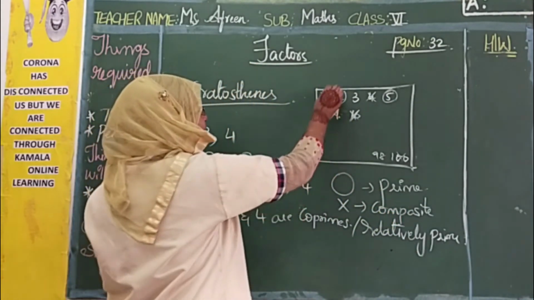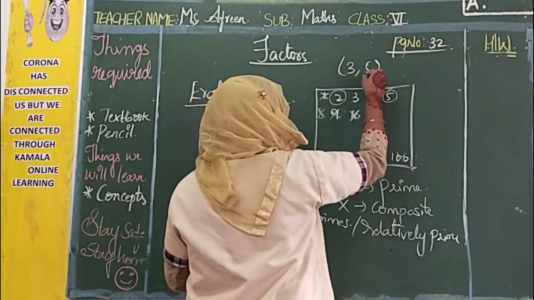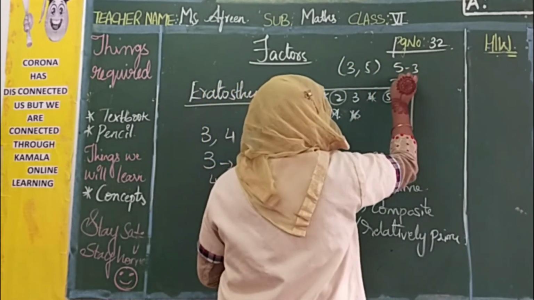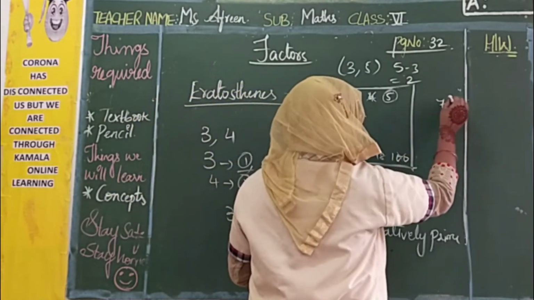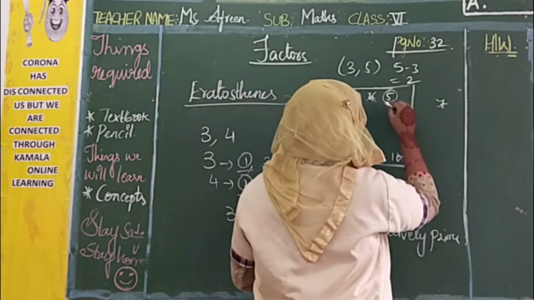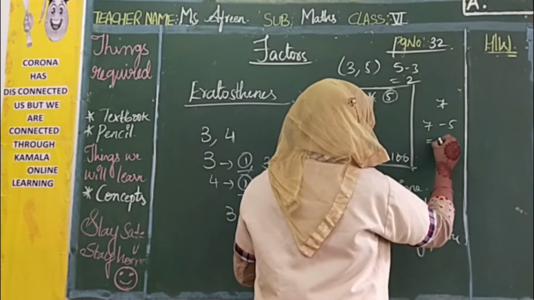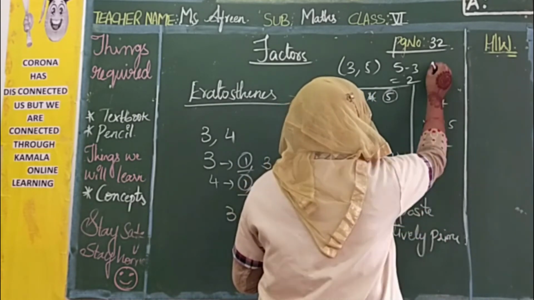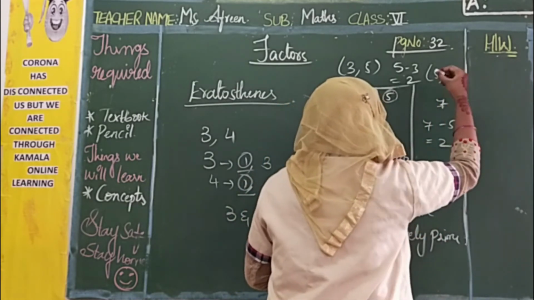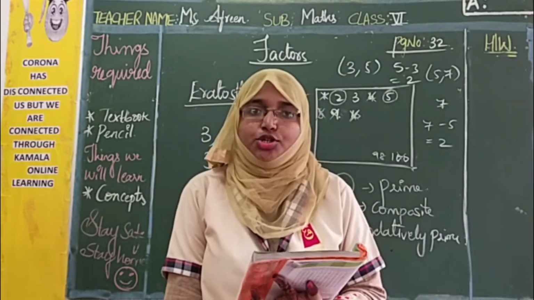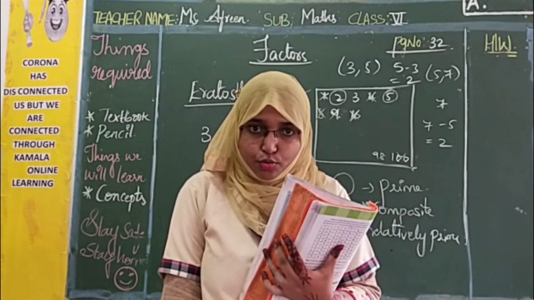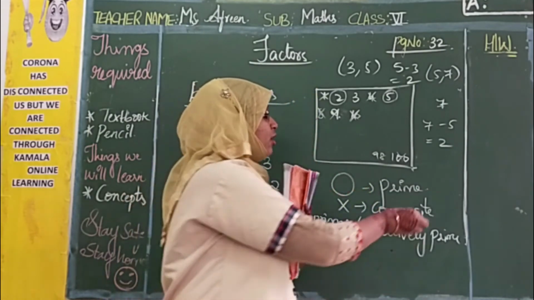If you take 3 and 5, 5 minus 3 is how much? 2. Next again is 7. 6 is not a prime, 7 is the prime. So 7 minus 5 is 2. So this pair of numbers, 3, 5, then 5, 7, then 11, 13, such pairs of numbers we call twin primes. The two prime numbers should differ by 2.